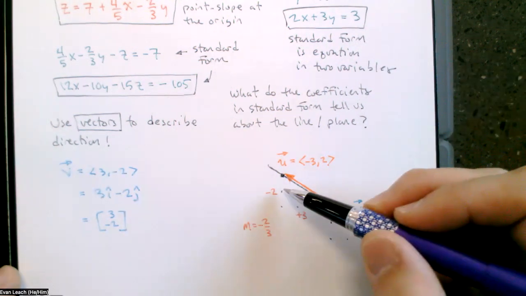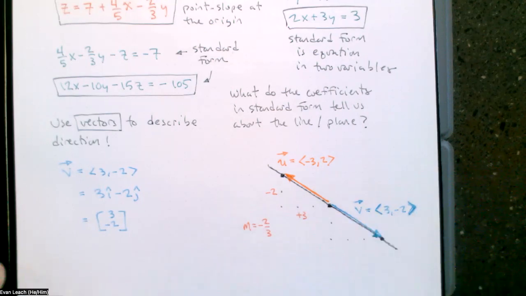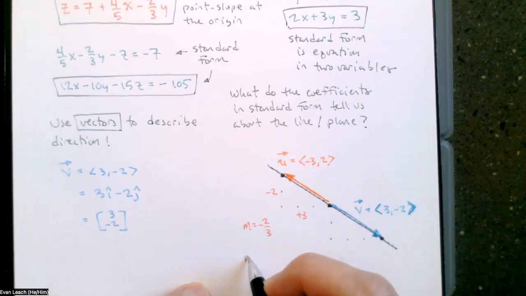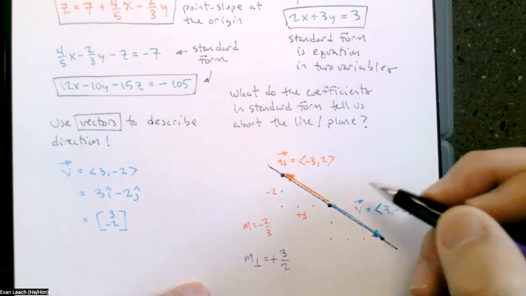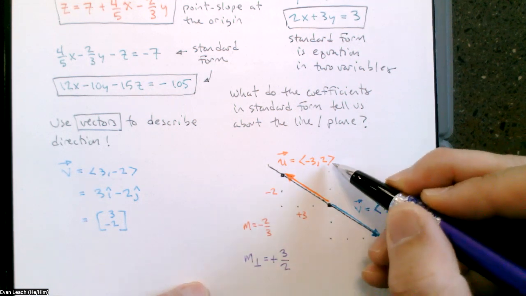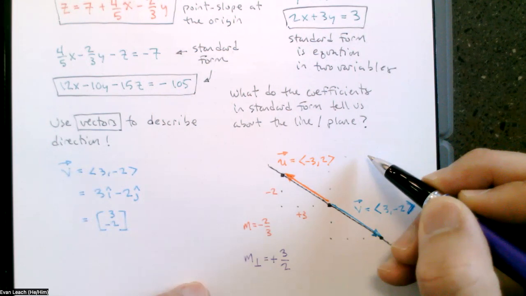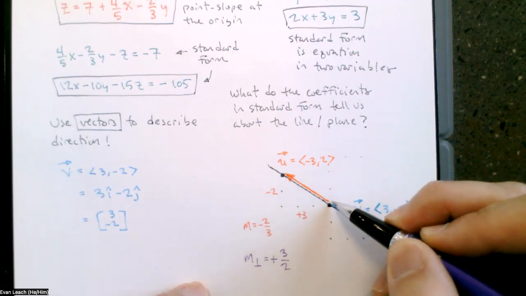So instead of a slope of -2/3, the perpendicular vector will be a reciprocal and an opposite. So I'm going to do a +3 and a +2.